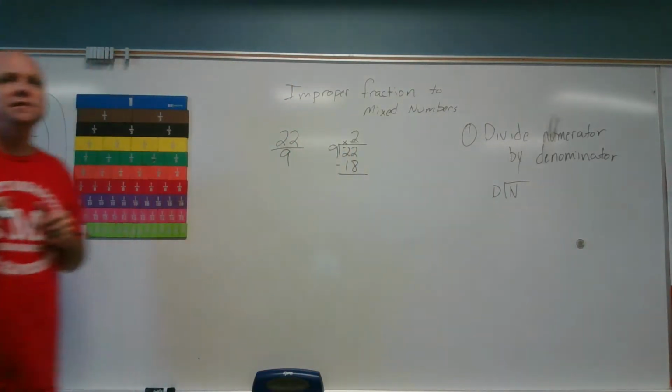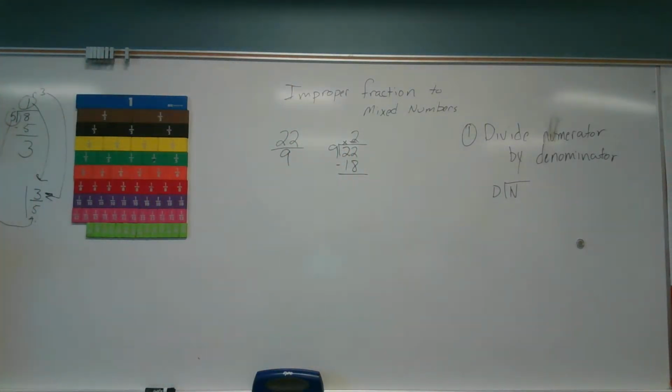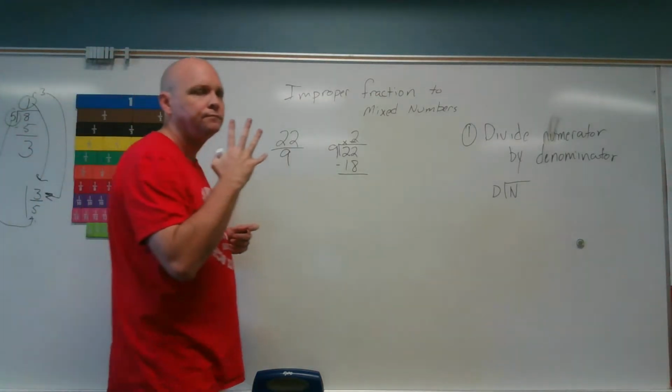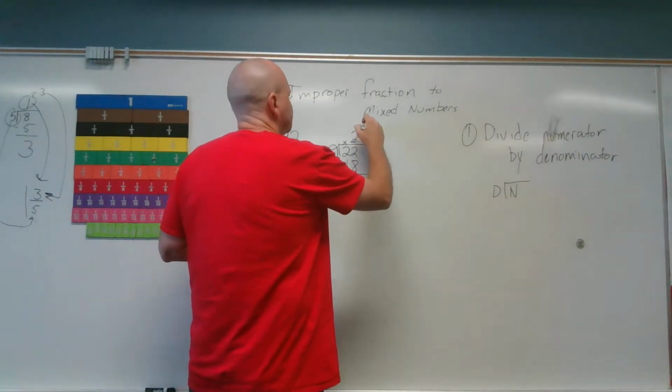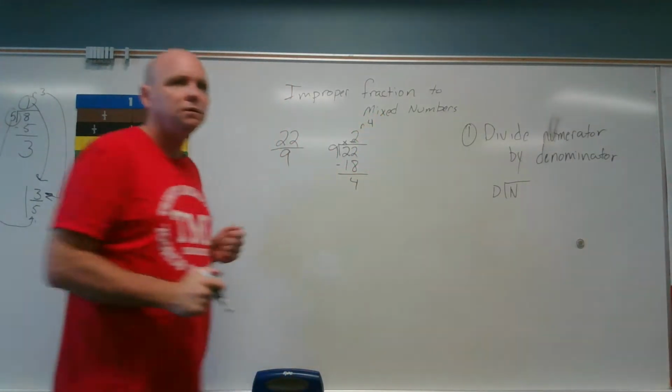And Tatum, what is the difference between 22 and 18? That would be 4. And so we have a remainder of 4.